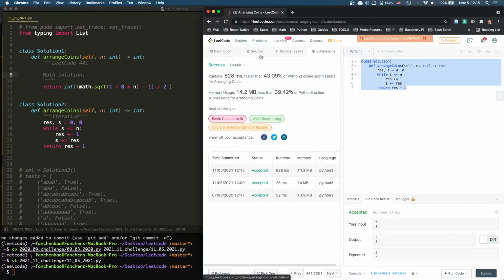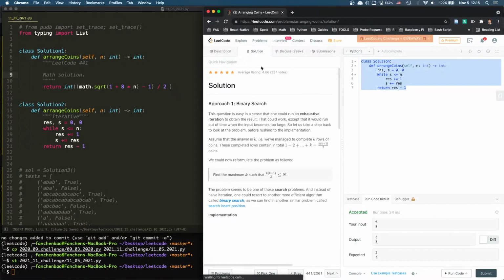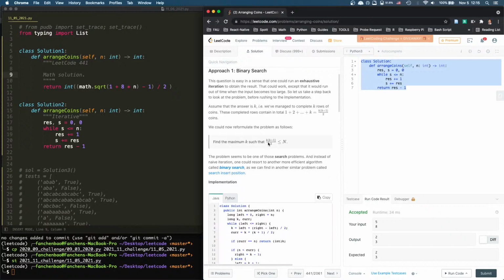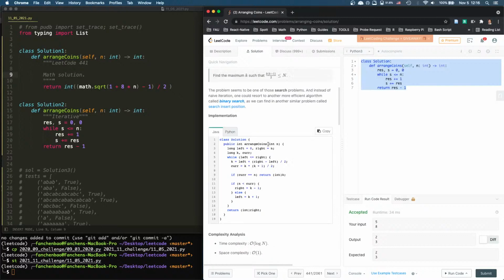Okay. Take a look. Oh, binary search. I forgot about binary search. Yes, we have current. Oh yeah, binary search.